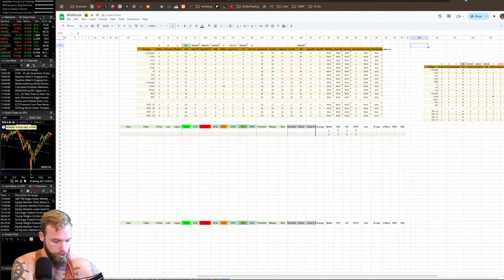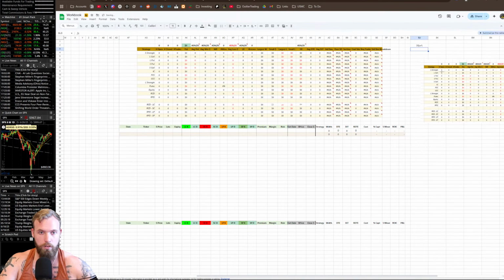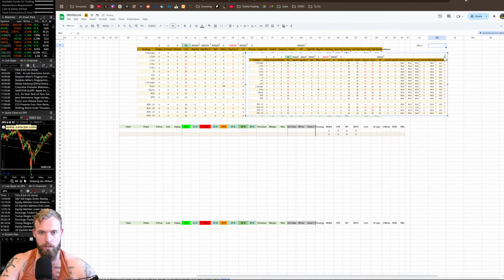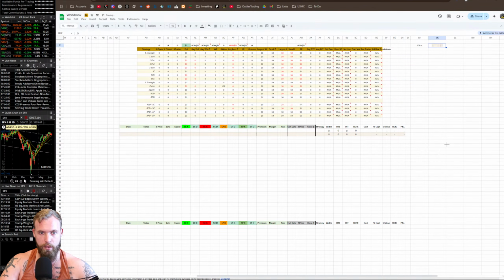Today's date is 20 June. Then I can click the cell that I want to put it in, and I literally just put image in the cell. Bam, there it is. So then I can create a library this way. It's easy now to extract data from pictures. It used to not be.